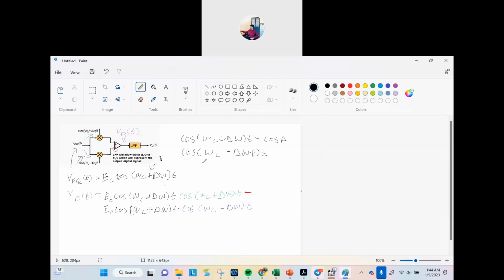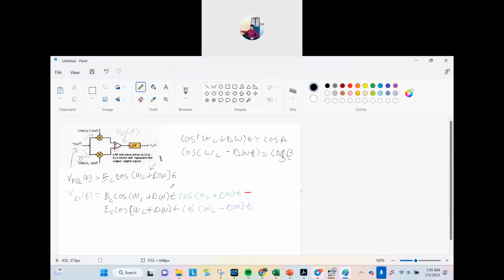So you see cos (omega C minus delta omega) t is equal to cos B. You just make it look simpler, so you're going to solve it using trigonometry.